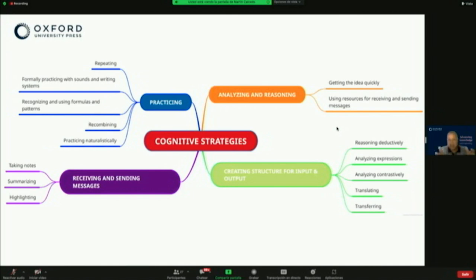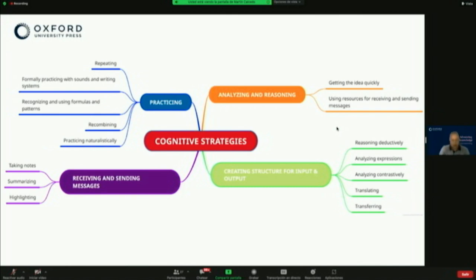And receiving and sending messages is us teaching our students how to take notes, how to summarize, and how to highlight. So by teaching this, we are giving our students the tools to have a more complete and rounded understanding of the strategies they can use that are part of the metacognitive part or the metacognition.